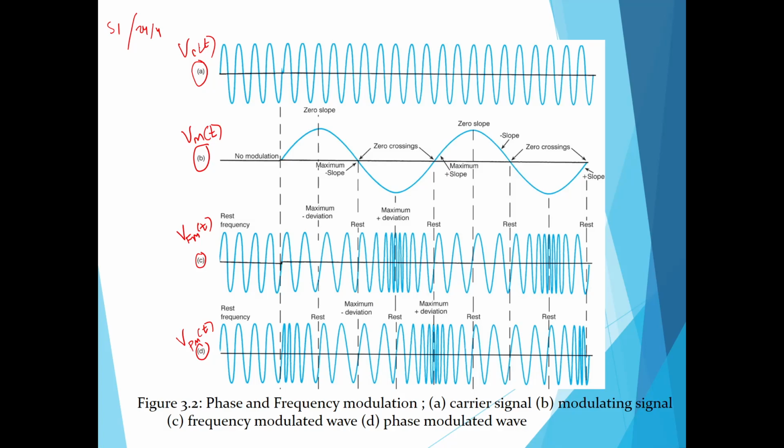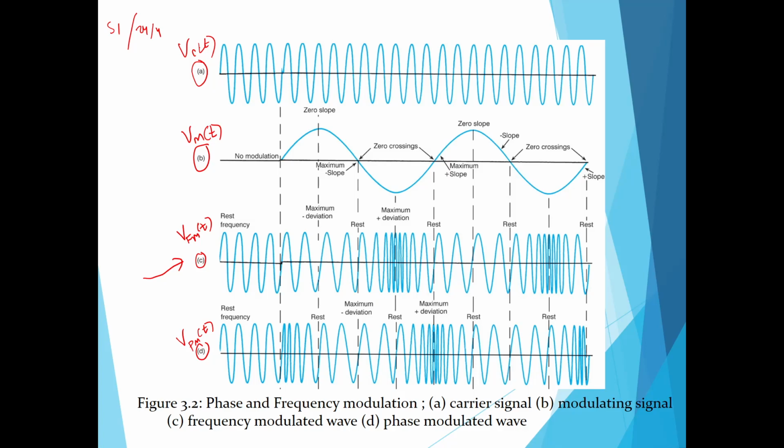So we need to see what the difference is actually. In order to find the difference, you need pictures A and B so that you can identify the differences. Okay, so let's see graph C for the FM.